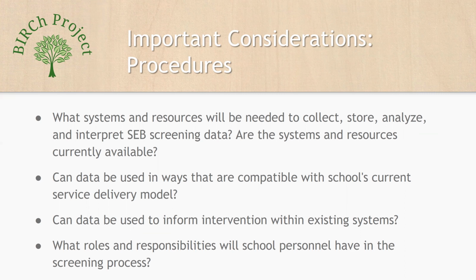Commercially available rating scales often have a data management system that comes along with the fee that you pay. So in some sense, you may want to spend money in order to save time managing and analyzing the data. If you can have a system that accompanies your screening tool that allows you to look at data quickly and make accurate decisions, that may be worth the money that you spend on it.